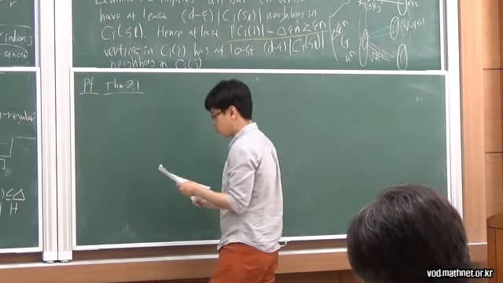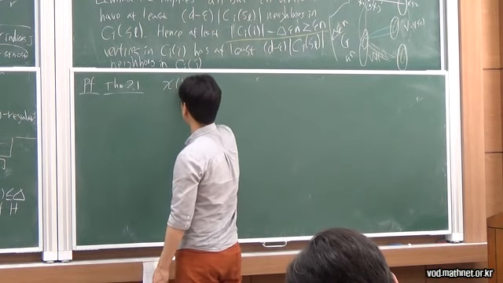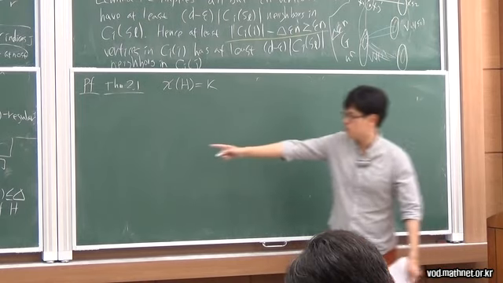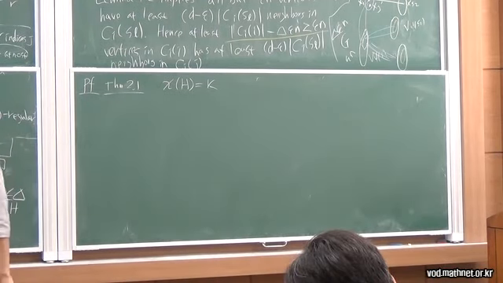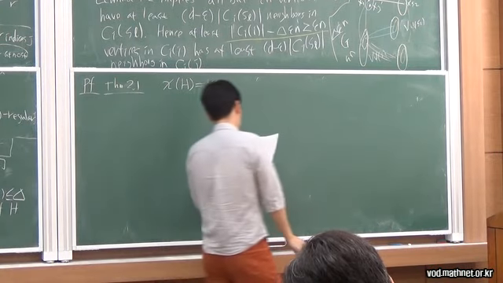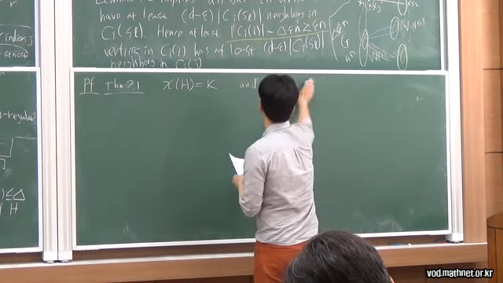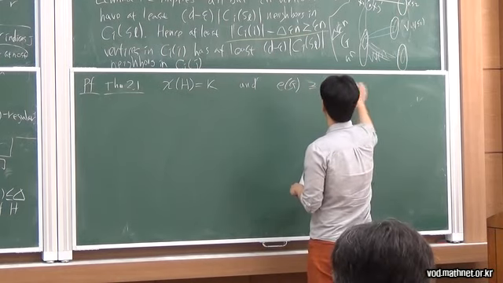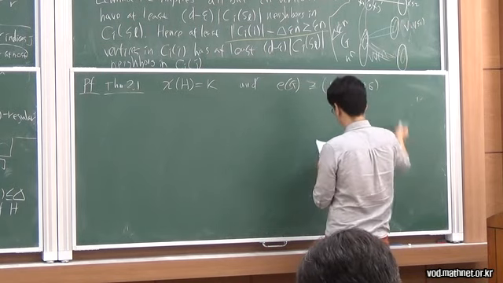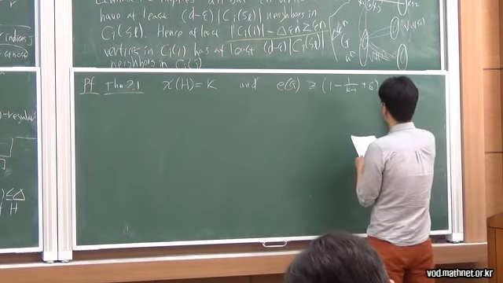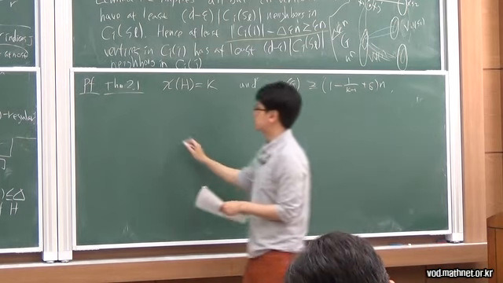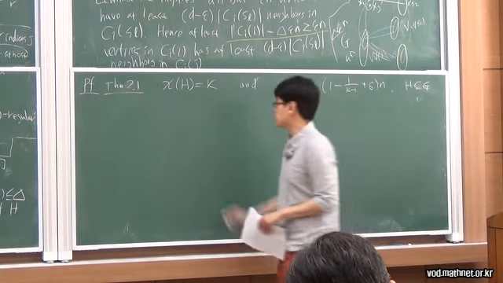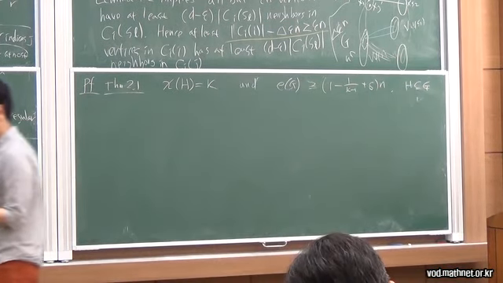What it says is that if the chromatic number of H is, say, K (at that time we used the letter R, but here we will use R to denote the number of parts, so I will change it to K), and the number of edges of G is at least (1 minus 1 over K minus 1 plus delta) times N squared over 2, then H embeds into G, assuming N is large. That is what the Erdős–Stone–Simonovits theorem says.